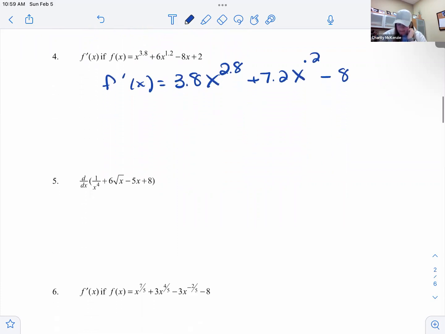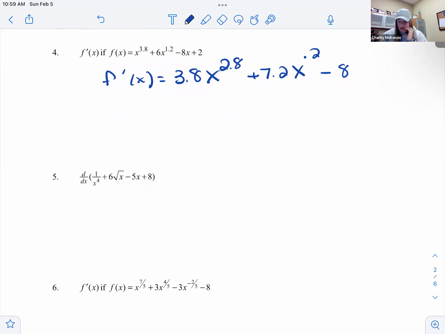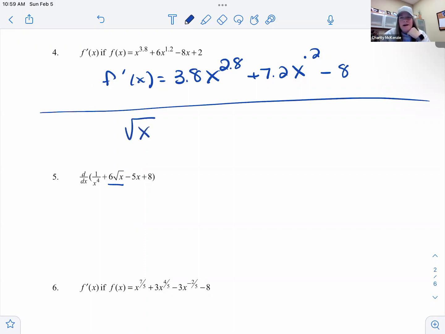Okay, so problem 5 brings in the one that's the bigger deal to me, right here. Brings in that square root. How do I write the radical, any square root of x, right? How do I write that as an exponent so that I can use my exponent rules? Well, we wrote this as x to the 1/2. Okay, so if you have a third root of x, it would be x to the 1/3.